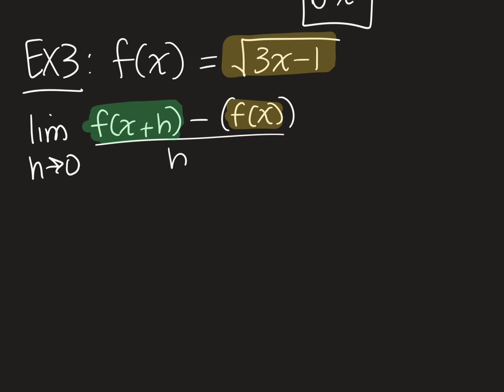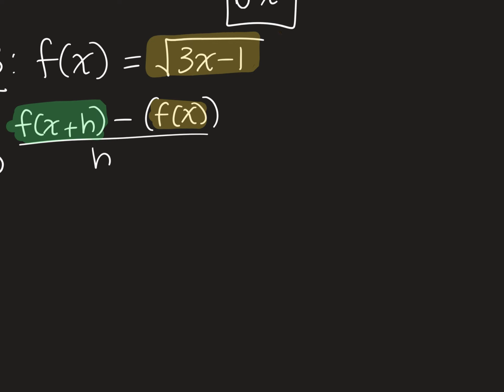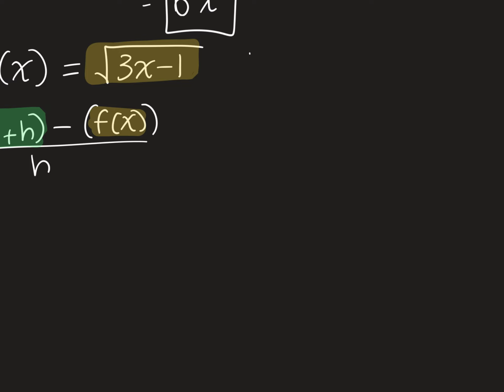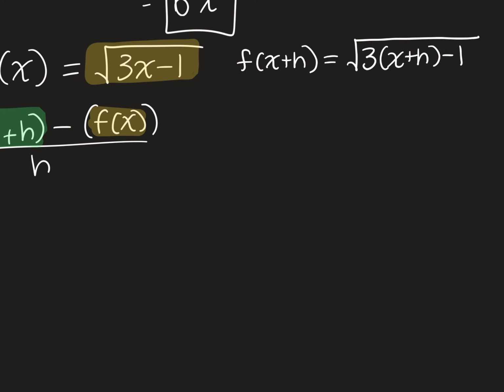So I'm going to take a minute and off to the side, do what we've been doing. Just identify what f of x plus h is. That means replace your x with x plus h. So instead of x, we'll have x plus h. And then as much simplifying as you can do, I would do here.